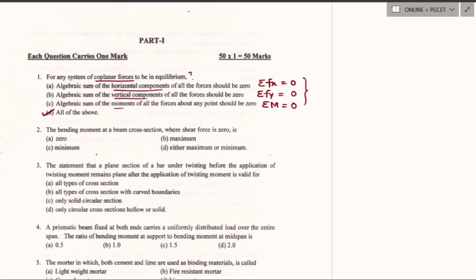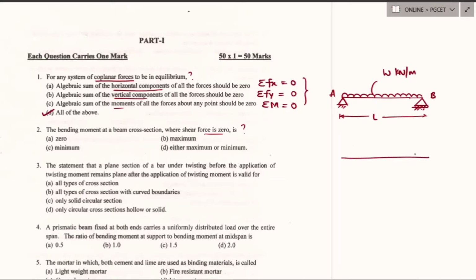Question number 2. The bending moment at a beam cross section where shear force is 0. So consider a simply supported beam AB of span length L with UDL of load intensity w kN per meter.